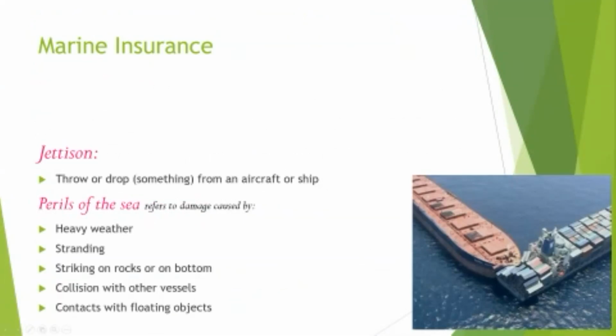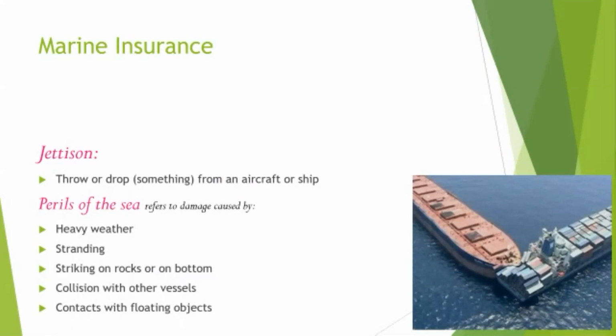We have the word jettison, and jettison means to throw or drop something from the ship into the ocean. When there is a storm and the captain wants to save the ship, maybe they throw out some of the containers to make the vessel lighter to be safe during the storm.